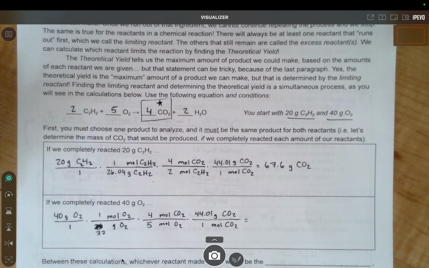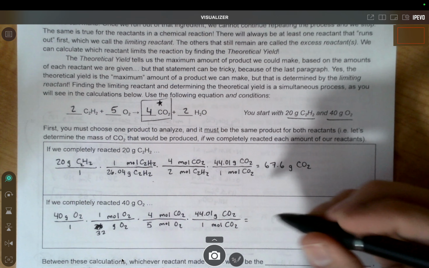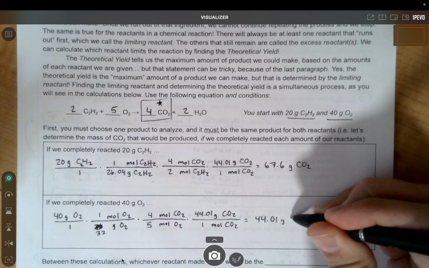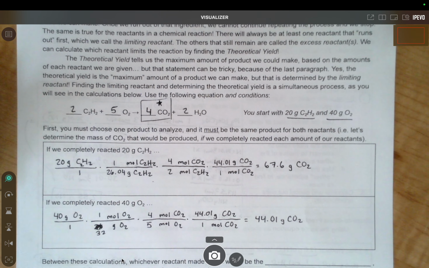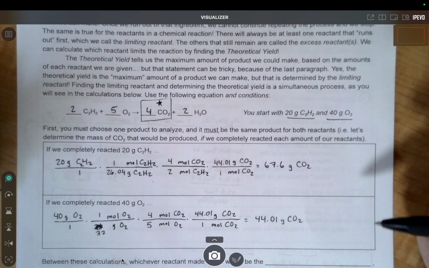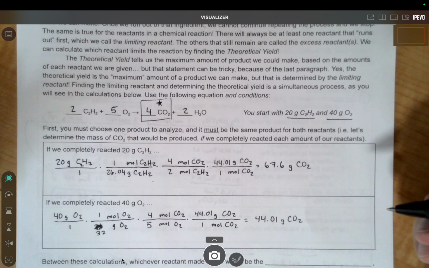Great. 40 times 4 times 44.01, divided by 32 divided by 5. The answer here: 44.01 grams of CO2 are produced. Magically enough, that is actually the answer. I'm not fooling with you. 44.01 is our answer.